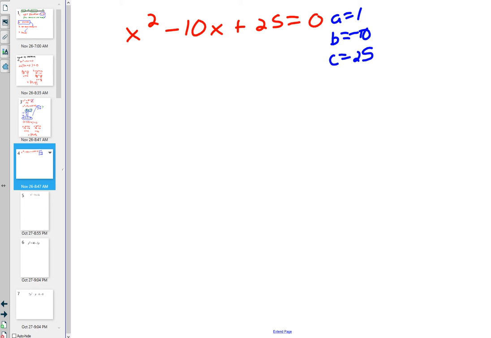Do all the terms have a common factor? They do not. But could this possibly be a perfect square trinomial? Yes, it could. Are the first and last term positive? Yeah. Are the first and last term perfect squares? Yes, they are.